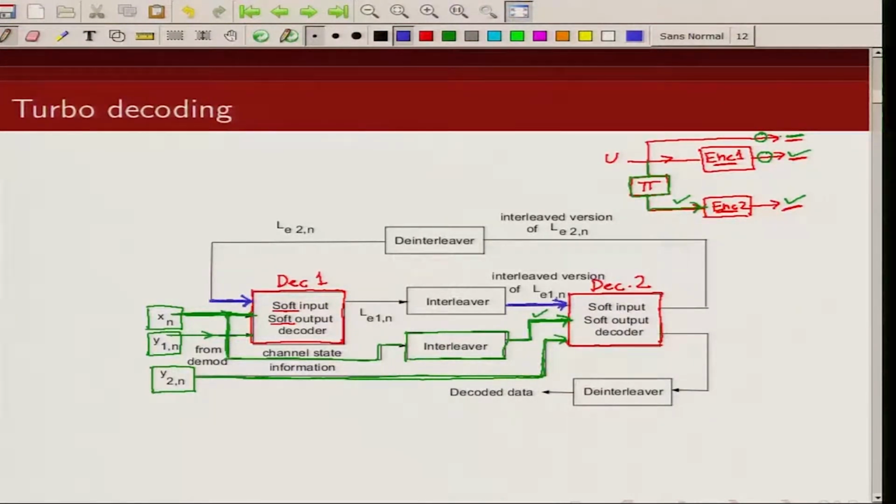Now, how do we get this a priori knowledge? Initially when we start decoding, we do not have any a priori knowledge about the information bit. So, we would assume that the information bit is equally likely to be 0 or 1.